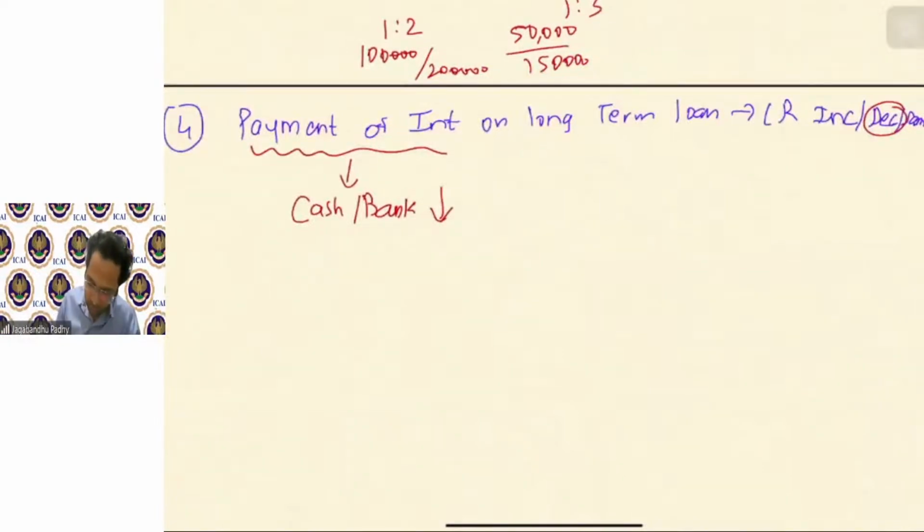Okay, then let's look at this case 5. Case 5, cash sales.